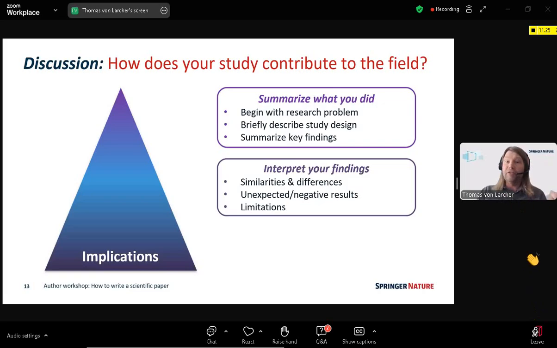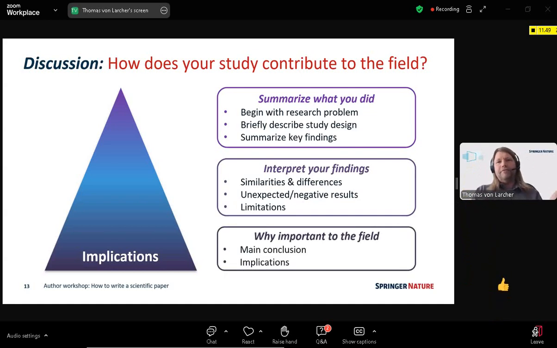This is also very important. Avoid what we call a selected reporting bias, right? So do not leave out negative results and present all results. So you should never leave out negative or unexpected results.